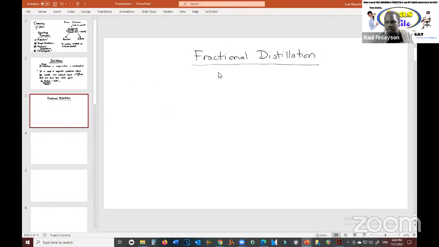But for next class, you definitely want to look at fractional distillation some more, in detail, because fractional distillation is how we can get some of your favorite beverages, especially when you're partying or socializing. You definitely want a little bit of alcohol, and you wouldn't have that without fractional distillation. So that's our next topic here.